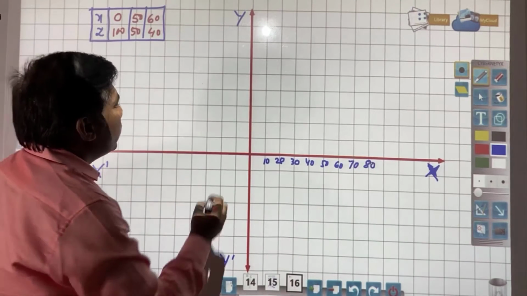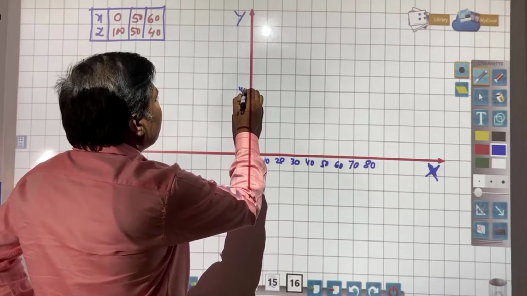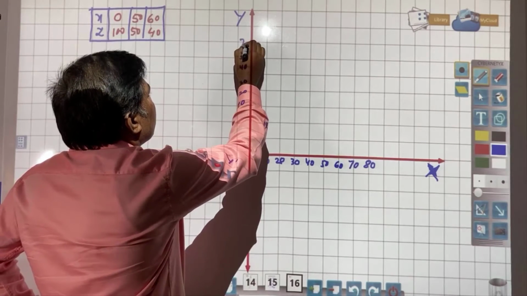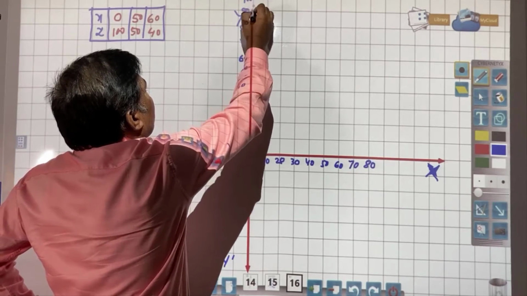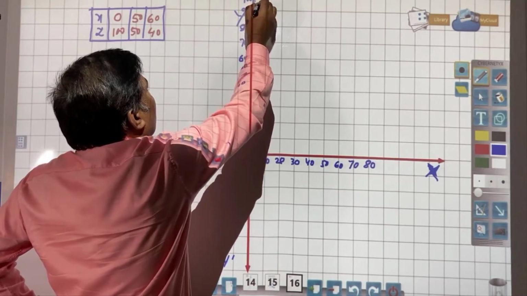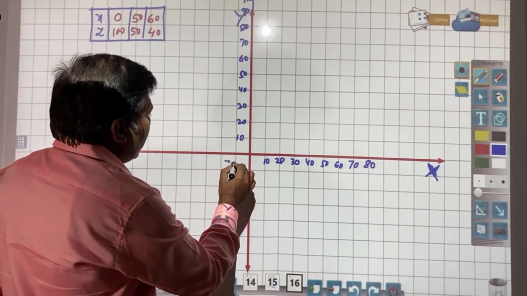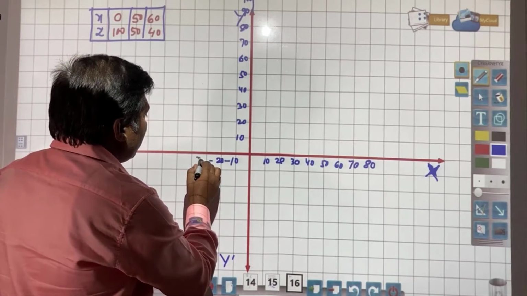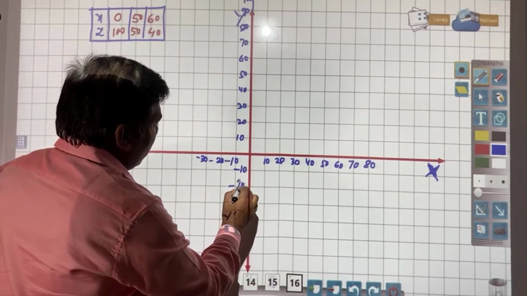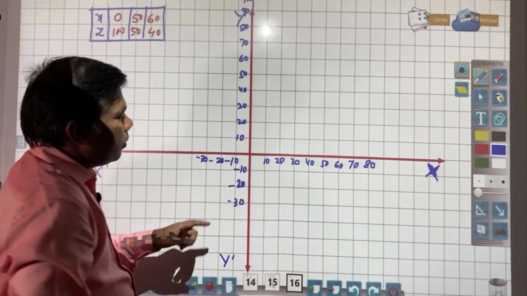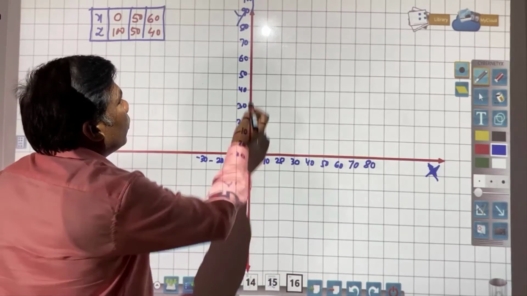And then in Y you will be having 10, 20, 30, 40, 50, 60, 70, 80, 90 and 100. Up to here it will be. Now minus 10, minus 20, minus 30 and so on. Negative numbers you don't have. Here you see 0 and 100. X you have 0 and Y is 100.